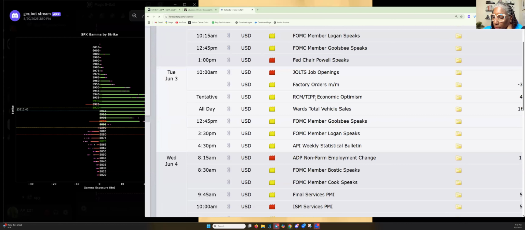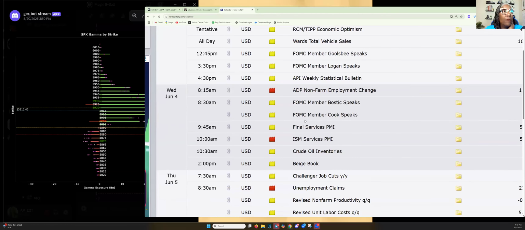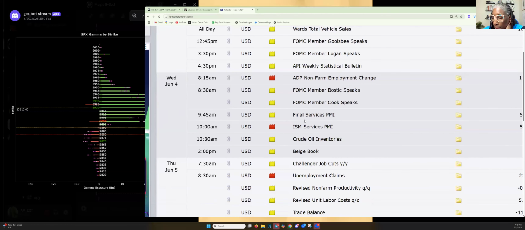Tuesday, JOLTS at 10 a.m. Wednesday, we've got employment, ADP, at 8:15. That's the only red folder. Not that that's the only important thing, but that's the only red folder.